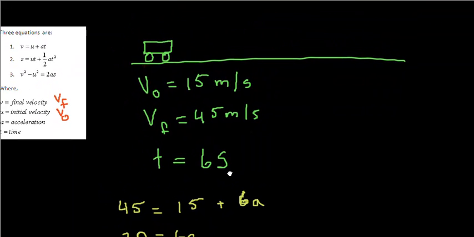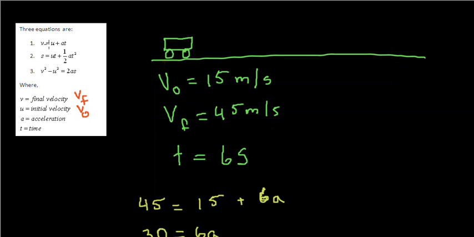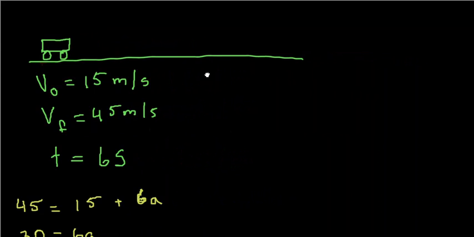Let's try another one. In this case, they have s, which is a new variable. It's not on this list, but it is called position. Let me write this over here. s is going to be position.